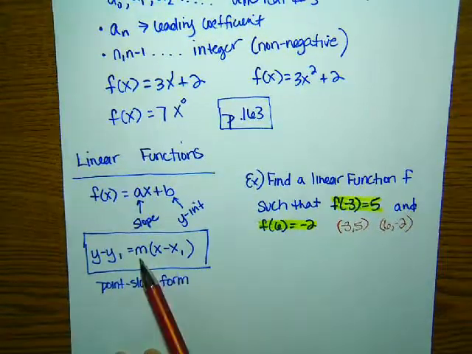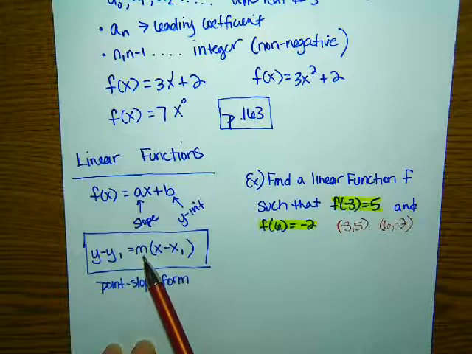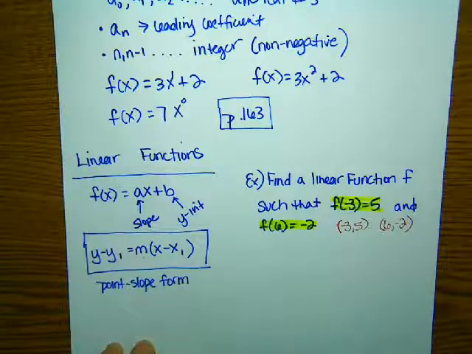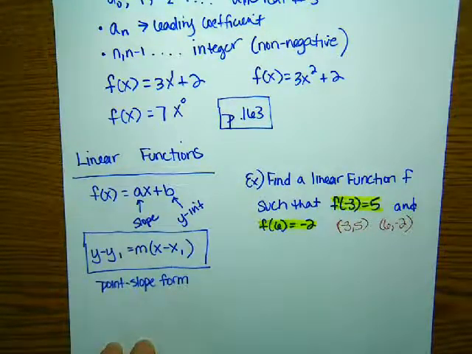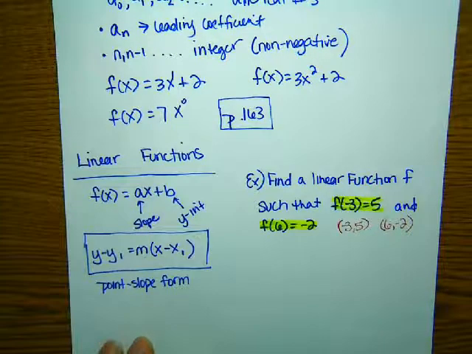Alright, so I need to find the slope. Who remembers how to do that? Oh, come on. How do you find the slope with 2 points? y2 minus y1, or y1 minus y2, doesn't matter, on top, right?